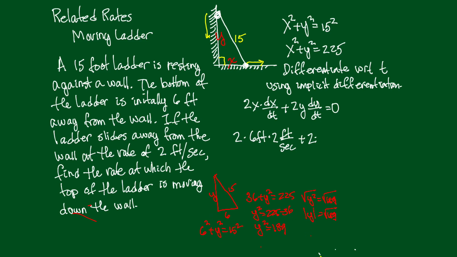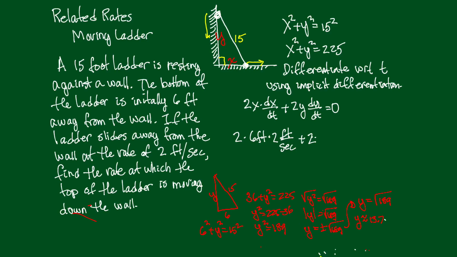If we do this, we'll get positive and negative, but since y is positive, because it's the length of a ladder up a wall, we'll just take the positive. So y is equal to the square root of 189. Now I'm just going to approximate it. On my calculator, I'm coming out to about 13.7.